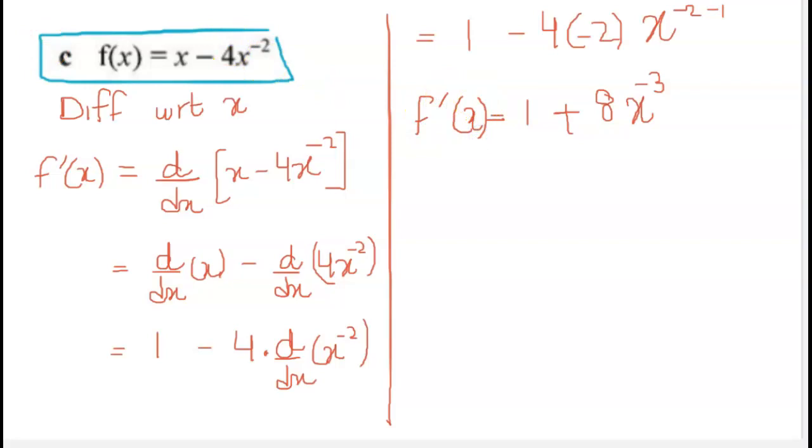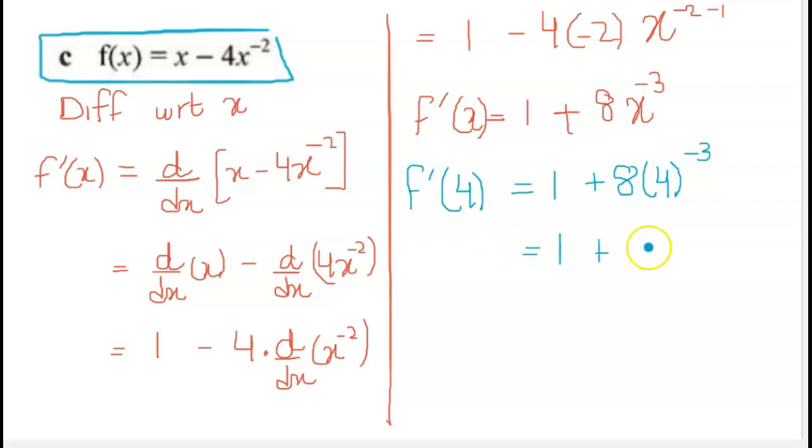The question is asking you to find f dash of 4. So wherever there is an x, I'm just going to put 4. When I put that in, it's going to give me this. Then you can just put that in the calculator and you will get an answer.